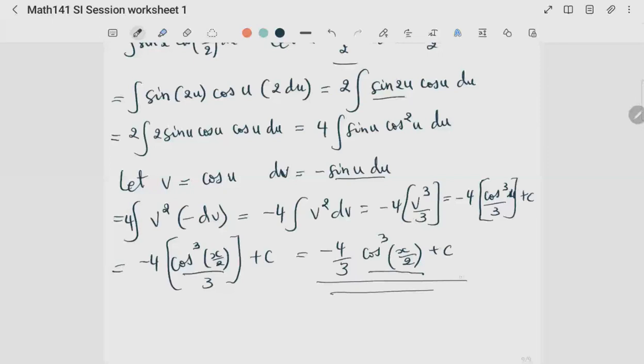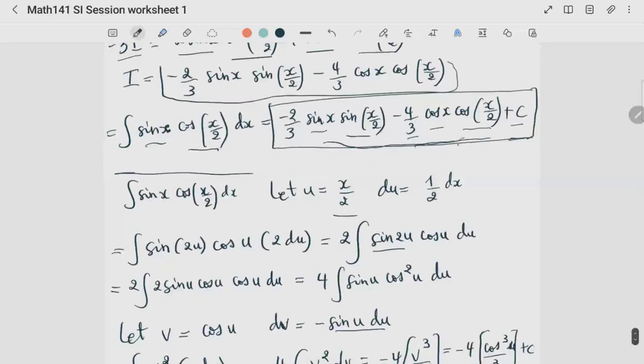As we're running out of time, what I want you to attempt is to try expanding this using trigonometric identities. For example, you can use double angles. Try to expand this and see if you can get the same expression that we had here, because we know the two expressions should be equivalent.